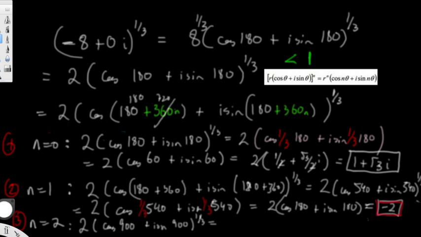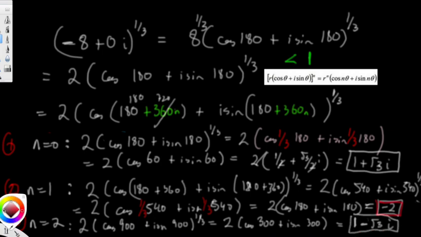Then we take the 1/3 in, and we get 2 cos of 300 plus I sine of 300. When we work that out in the calculator, we get 1 minus √3I for that one. So our three answers for z are 1 plus √3I, minus 2, and 1 minus √3I.